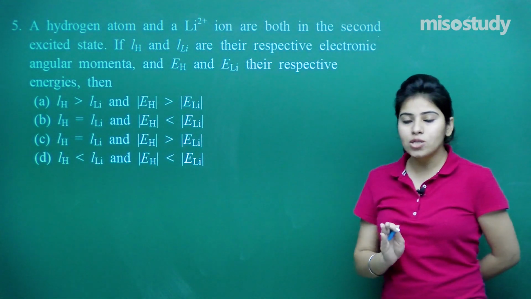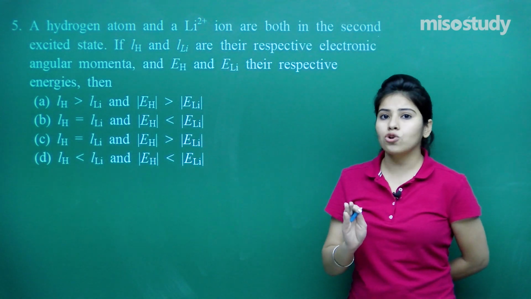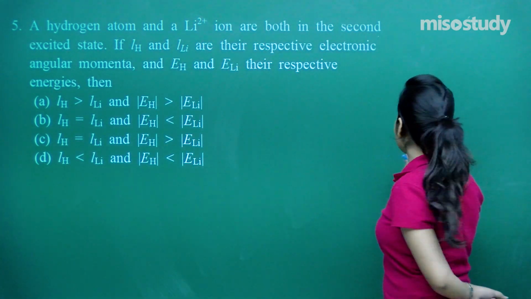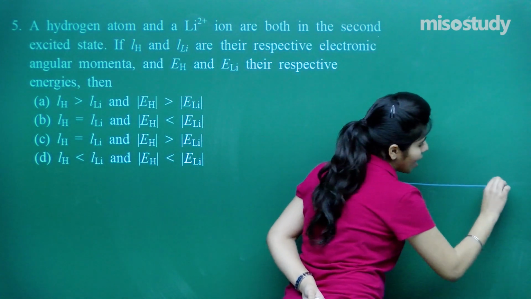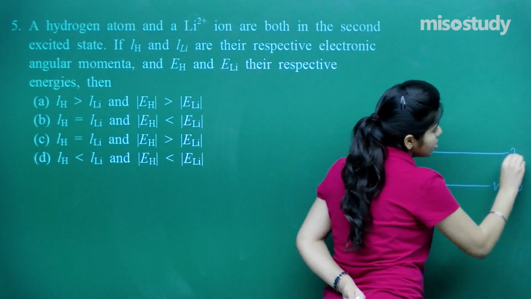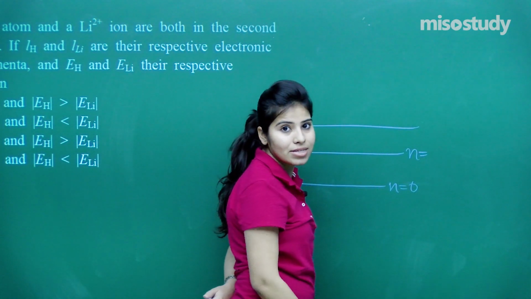So my dear friends, what you need to understand over here is that if they are talking about the second excited state, that means, let me say that this is my ground state. This is the first excited state. This will be the second excited state.